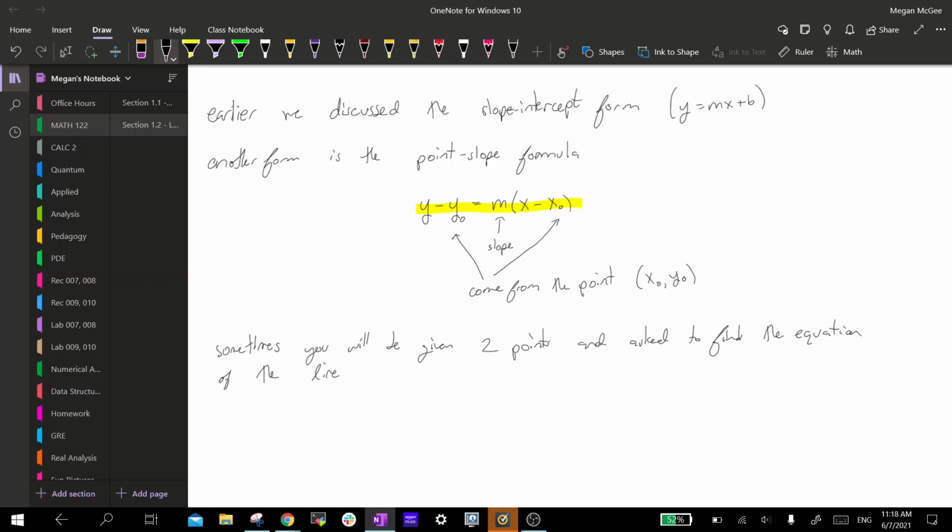Okay, so if we're given 2 points, we're not given a slope immediately, right? So the first thing to do, the first step, is to find the slope.